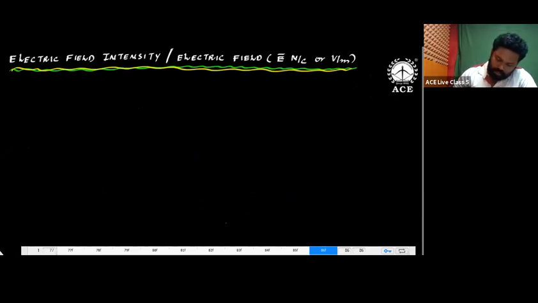Let us consider the charge Q, beta, and some other charge q. The distance between these two is R, and the unit vector is R cap.